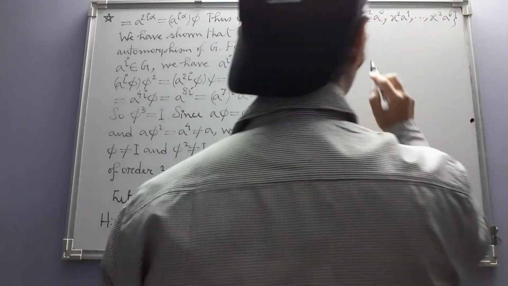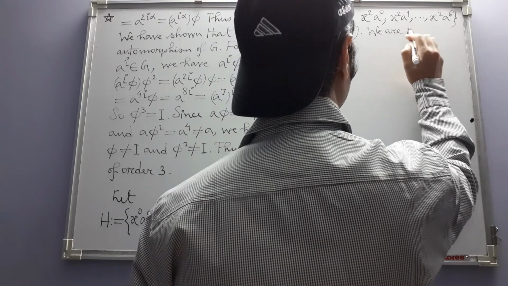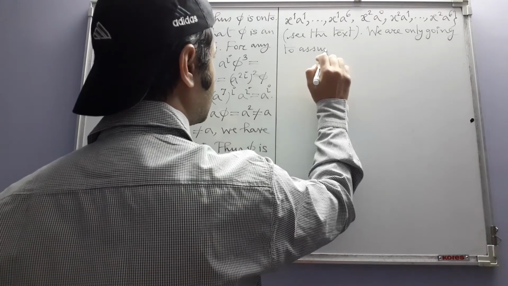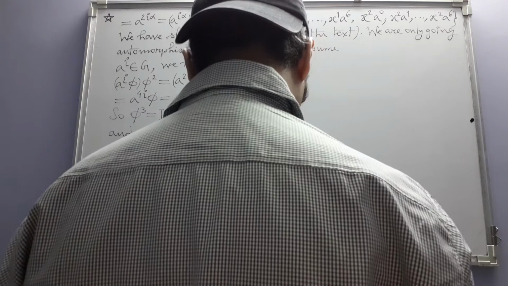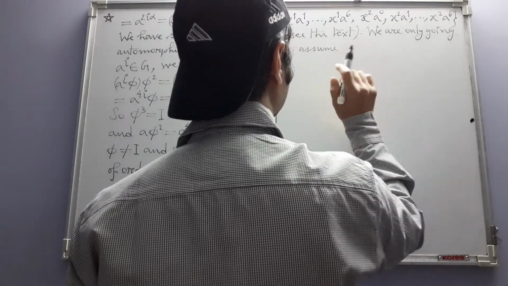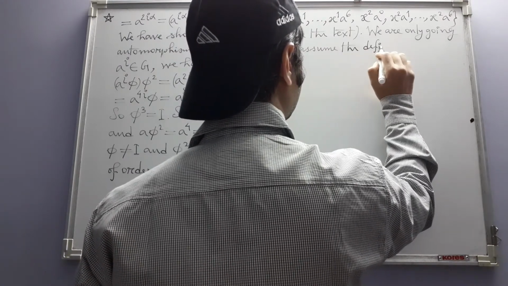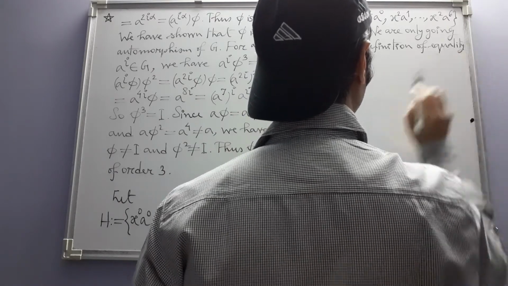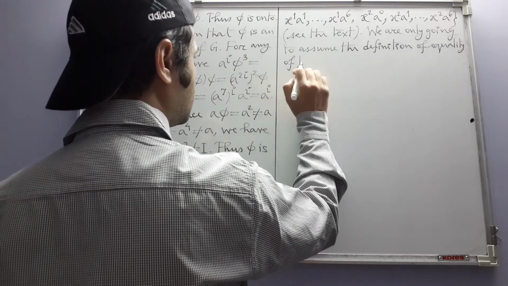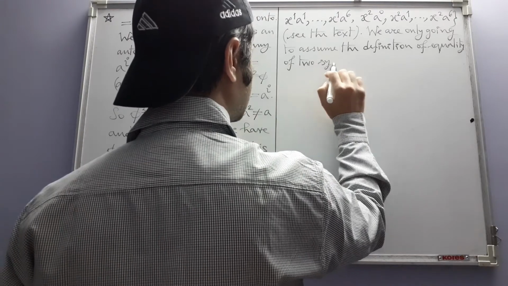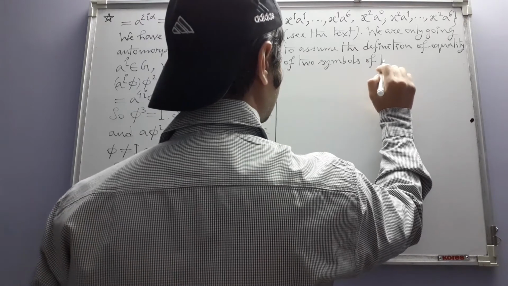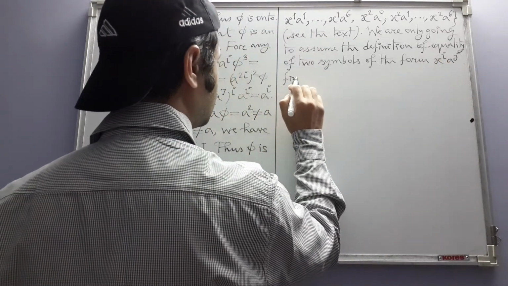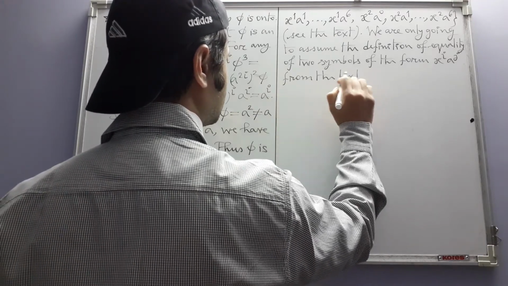Now we are only going to assume the definition of equality of two symbols of the form this, from the text.